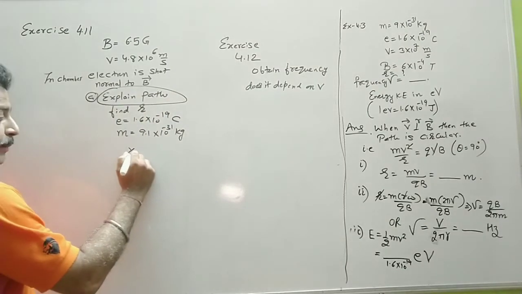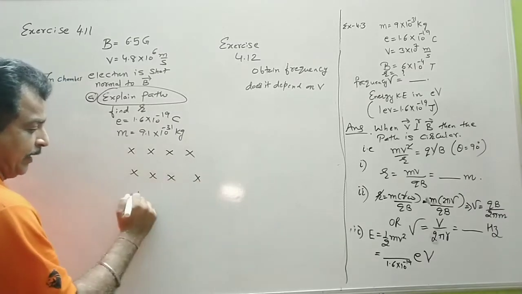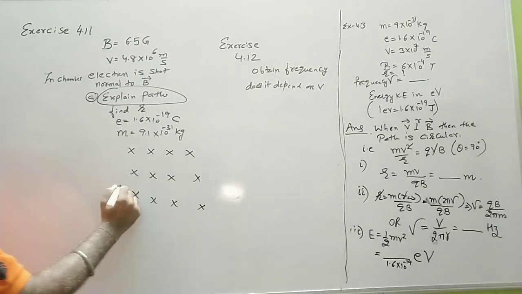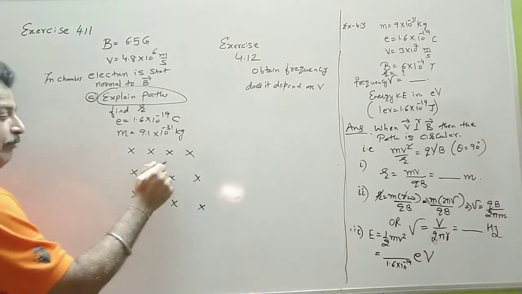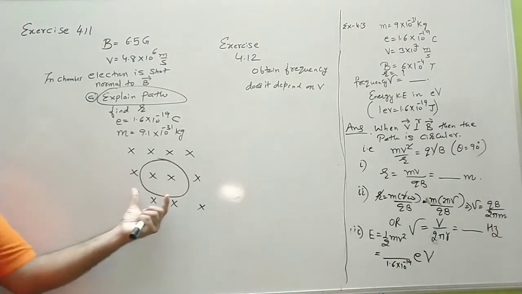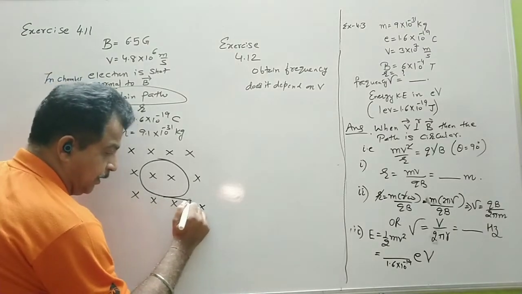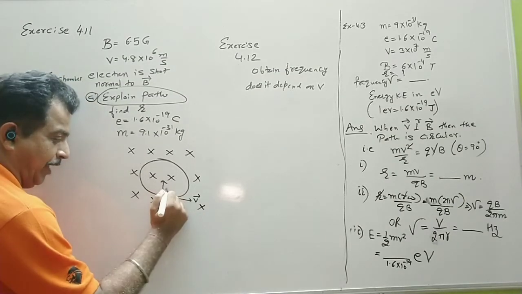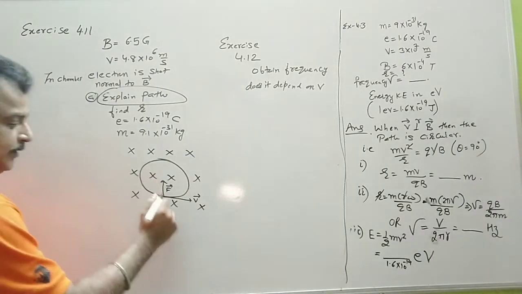So if you remember, this was our theory where the B vector was going into the plane of the board and the particle was entering perpendicular to it, and we found that the path performed by the particle will be circular, that is at each and every instant the magnetic force will be directed towards the center.